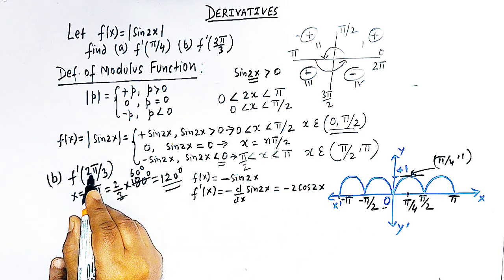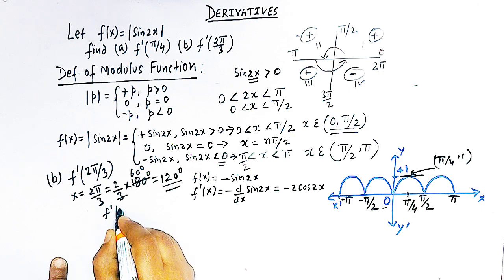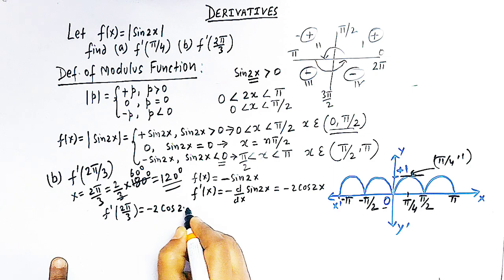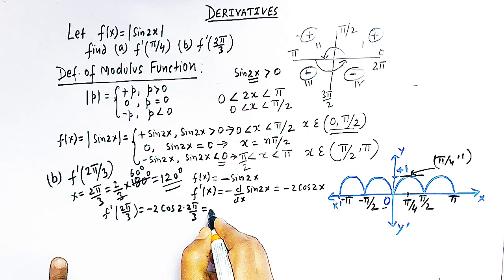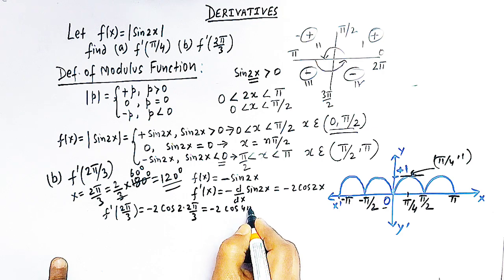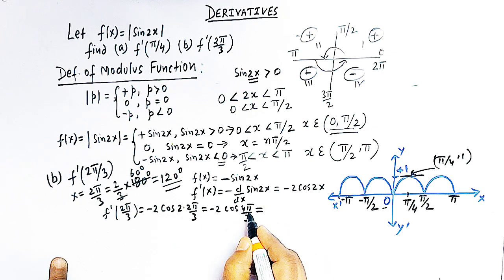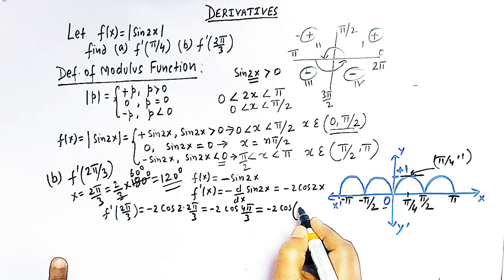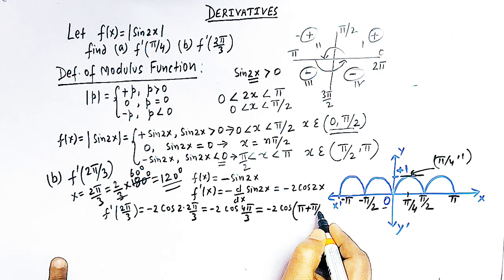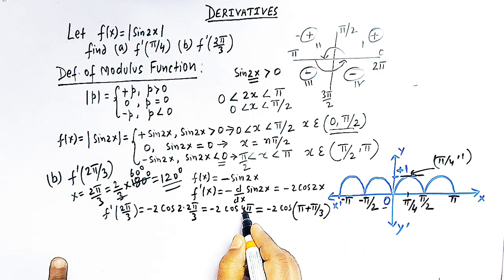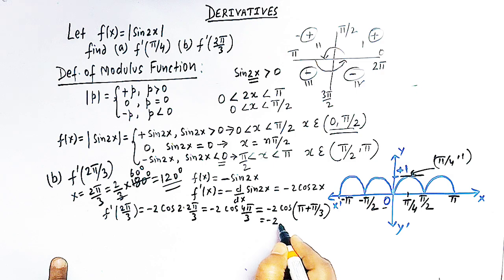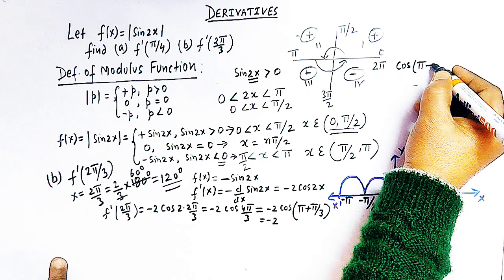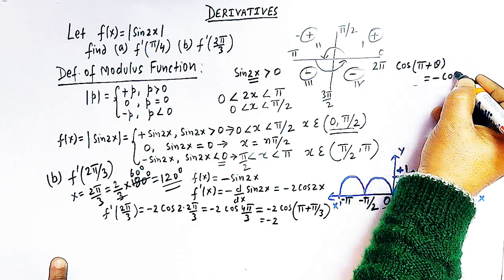Now let us substitute this point. So f prime of 2 pi by 3 is minus 2 times cosine of 2 times 2 pi by 3. So this is minus 2 cos 4 pi by 3, and here we can split 4 pi by 3 and write pi plus pi by 3. From trigonometry we know that cosine of pi plus theta is equal to negative cosine theta.